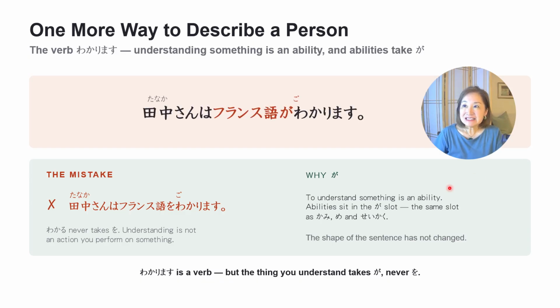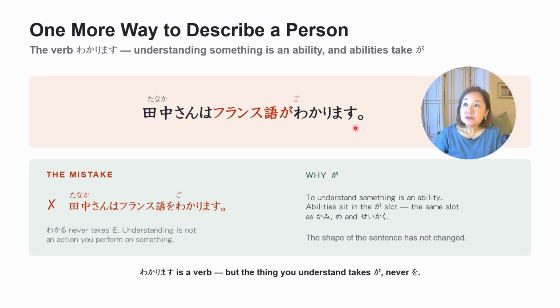For example, in English we say, I understand French. So you might expect フランス語をわかります。But in Japanese, わかります takes が, not を. So we say, 田中さんはフランス語がわかります。Tanaka-san understands French.